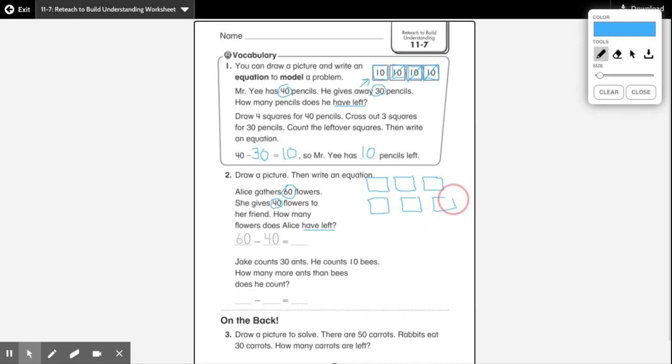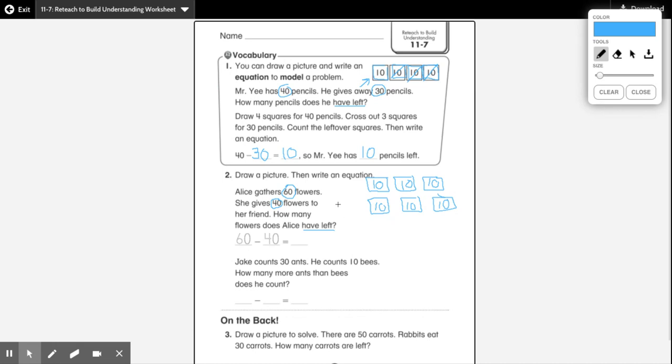All right, so each square is worth 10. 10, 20, 30, 40, 50, and 60.